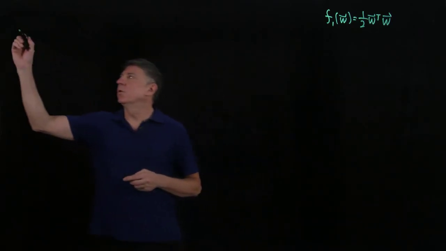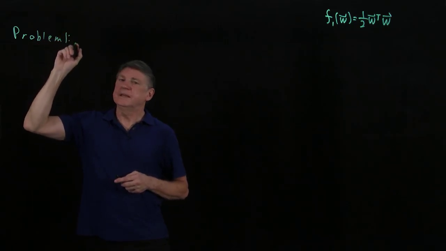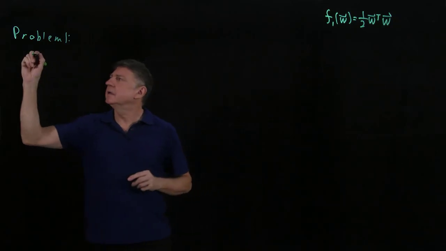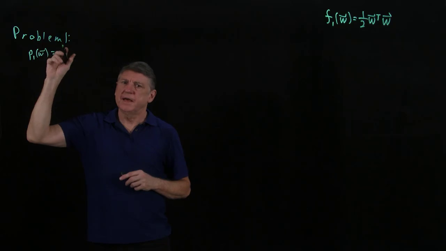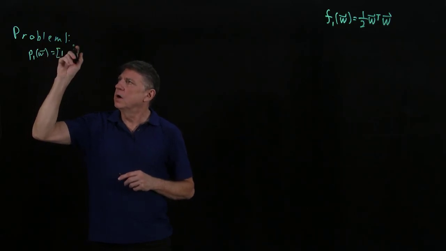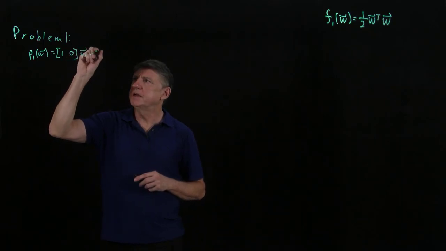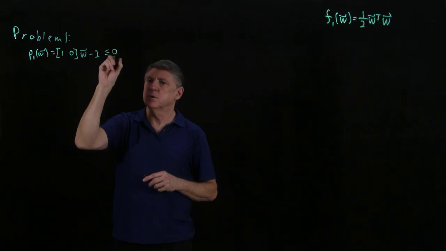Let's look at problem 1. Problem 1 is the first inequality. So we have this objective function, and our first property is that [1, 0] times the argument minus 2 is less than or equal to 0.